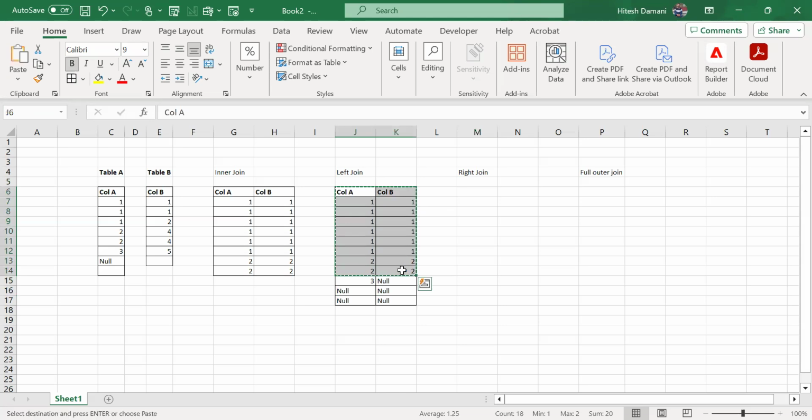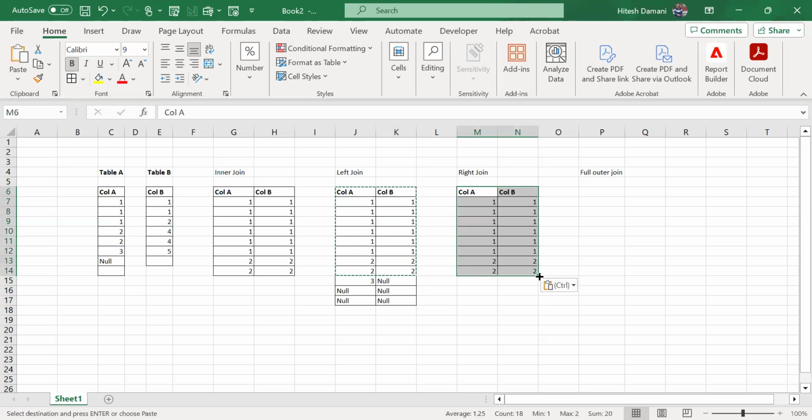Now all the non-matching records of the right table will also be there. Non-matching records of the right table are 4, 4, 5, and this blank record. This blank record will be part of right join.